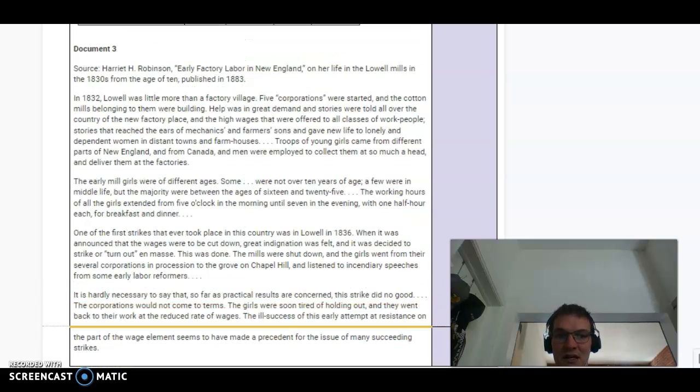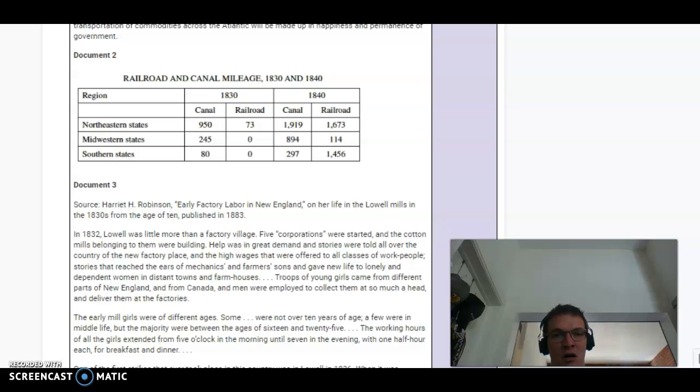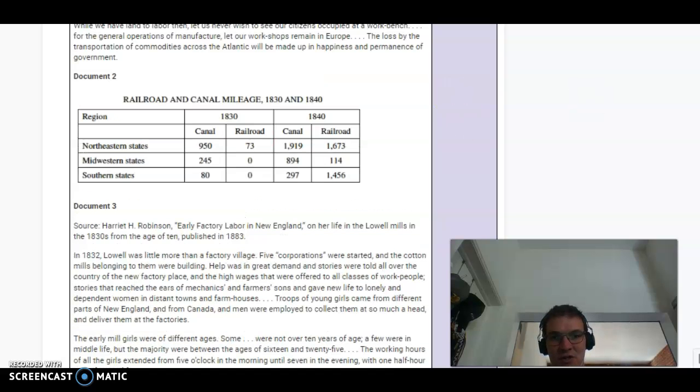So this one here, it says early factory labor, Lowell Mills, her life. Okay, Lowell Mill Girls. Whoa, how am I going to tie that into Jefferson? That's going to actually be kind of hard, and it's kind of long. Whereas document 2 is like really short, and it's just a chart.